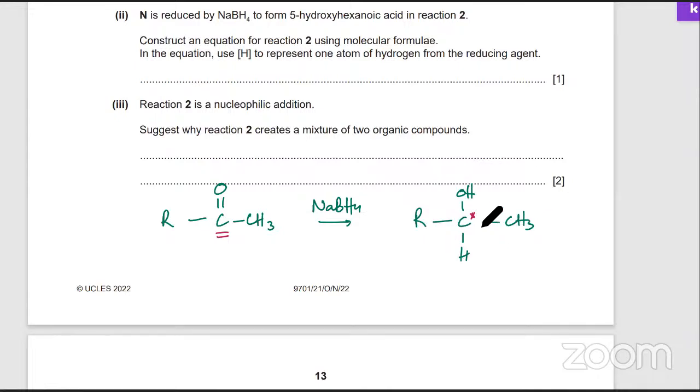So there'll be 2 mirrored versions which are going to be non-superimposable. Is that clear? Actually, that's just one mark, okay, because you're getting a chiral product, okay, that's it.